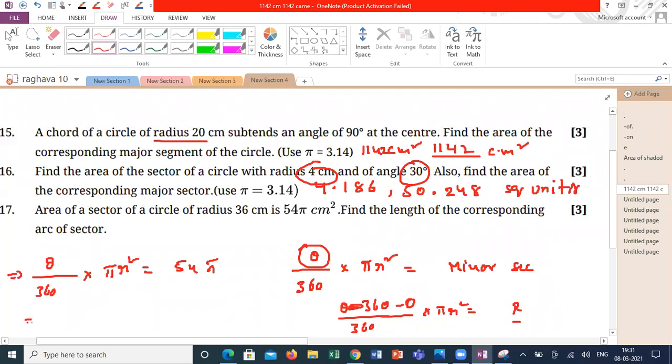So how much theta did you get? Sir, I didn't find the theta, sir. So for theta by 360, I kept the value as 54 by 36 into 36, sir, and then substituted it in the formula of length of the arc, sir. We need the 2 pi r value now. This value we want, correct? Yes, sir.